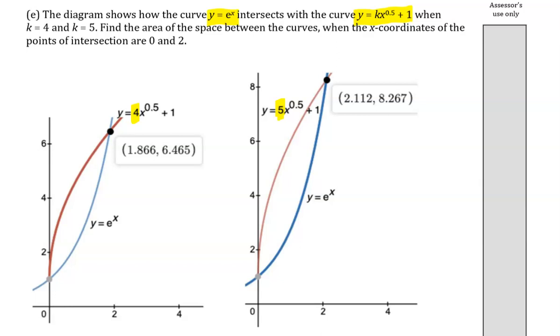Now find the area of the space between the curves when the x-coordinates of the points of intersection are 0 and 2. So if you look here, we've got an x-coordinate of 1.866 and one of 2 there. We need to find out what value of k would give that x-coordinate to be 2. It's always going to intercept at the 0 down here, but we need to find what value we can give to k so that the x-coordinate of intercept comes out as 2.